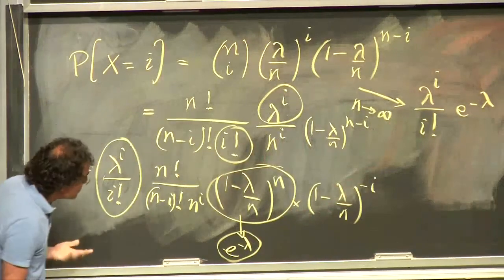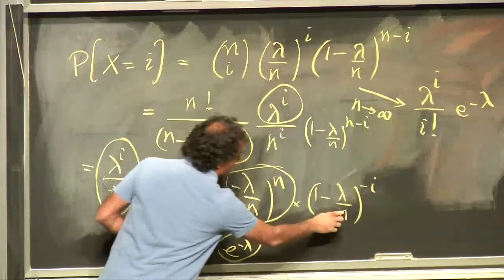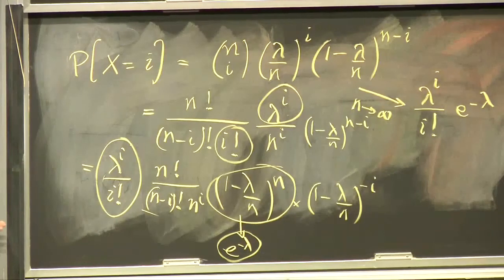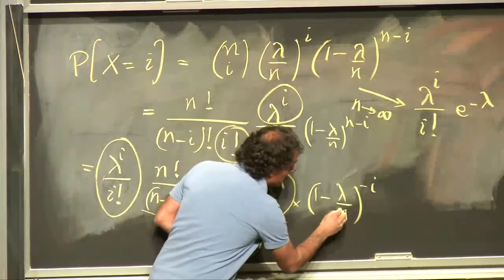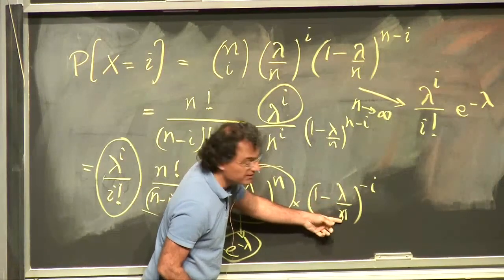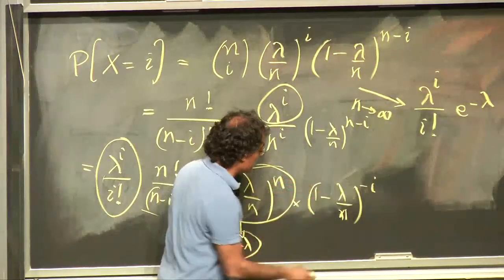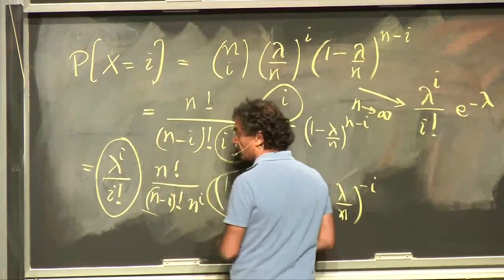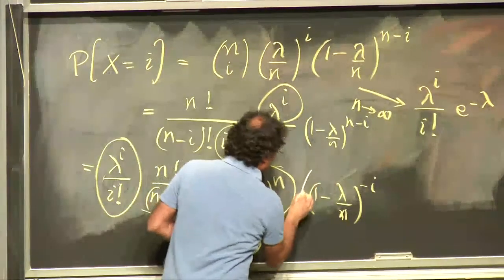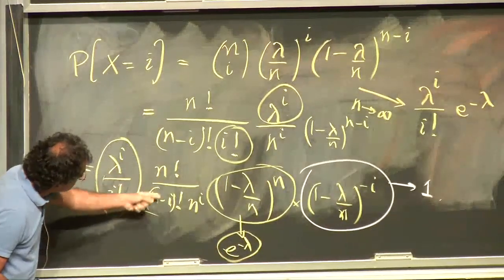So between this and this, we got our expression here. Now what we want to do is to show that as n tends to infinity, this piece and this piece tend to 1. You can see that this piece tends to 1 because as n tends to infinity, 1 minus lambda over n tends to 1, so this is 1 to the power of minus i, which is 1. And then what about this one?